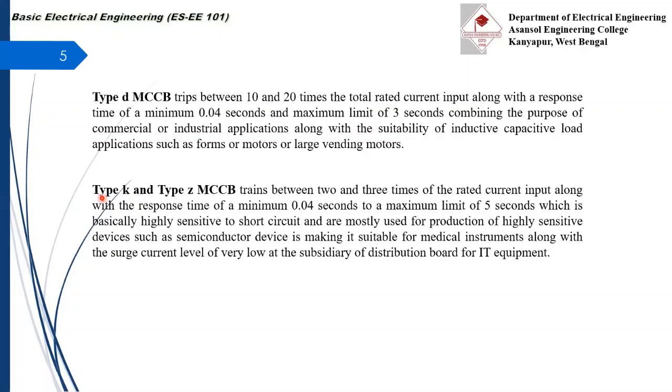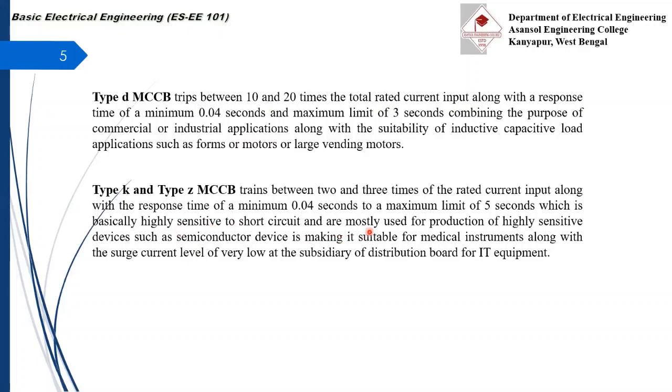Next are type K and type Z MCCB. These trip between 2 and 3 times of the rated current input, with a response time of minimum 0.04 second to maximum 5 second, which is highly sensitive to short circuit.